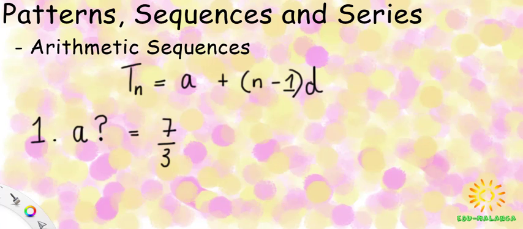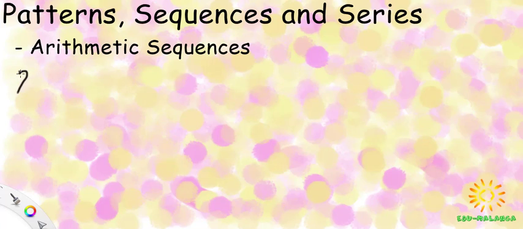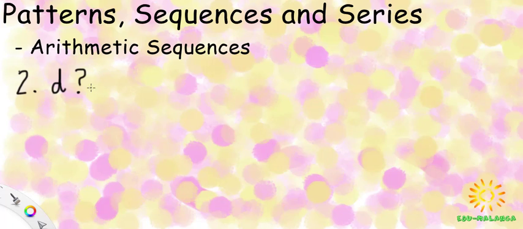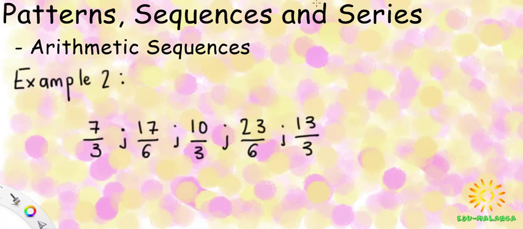The next question we will answer for the arithmetic sequence is, what is the common difference d? We've solved for a in the general term. We're now looking for d as part of the general term. To solve for d, we look at the arithmetic sequence and pick a term that we are currently working with. We can't pick the first term, so you can pick any of these terms.